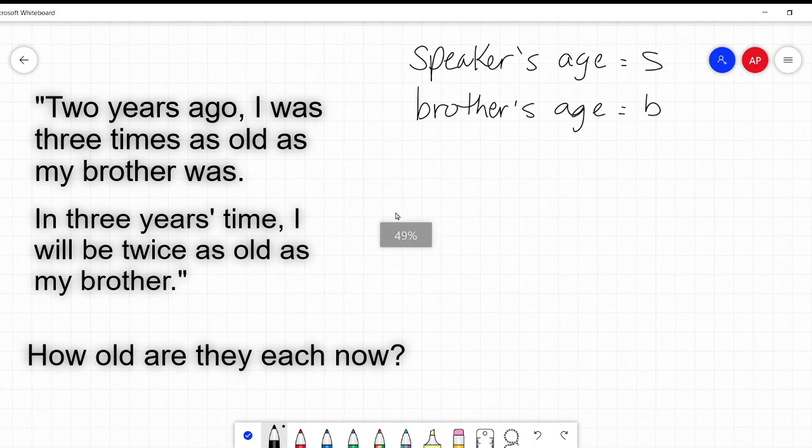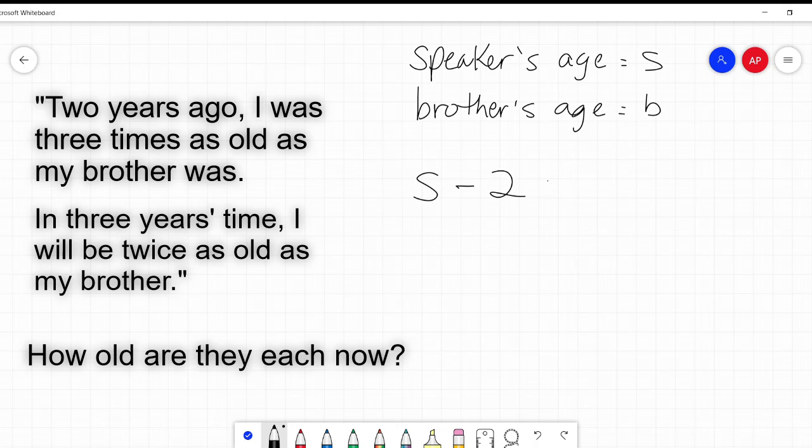All right, so first thing, the speaker says, 2 years ago I was 3 times as old as my brother was. Let's take this bit by bit. 2 years ago, how old was the speaker? Well, if his age now is S, then 2 years ago he was S minus 2. Anytime in word problems when you see "is" or "was," that's generally a big red flashing light to put an equal sign.